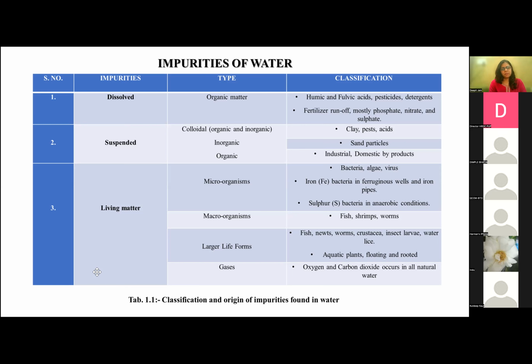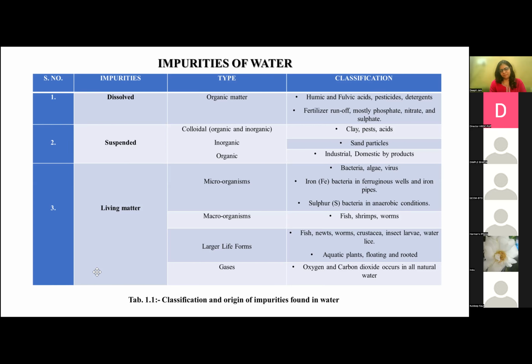The third level of impurity is living matter, which includes microorganisms. Microorganisms are bacteria, algae, viruses. Now, iron bacteria in ferruginous wells and iron pipes, or sulfur bacteria in anaerobic conditions. So many kinds of microorganisms are there. There are certain macroorganisms like fish, worms.